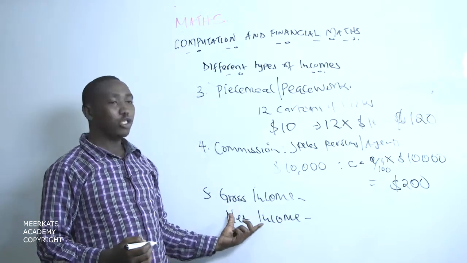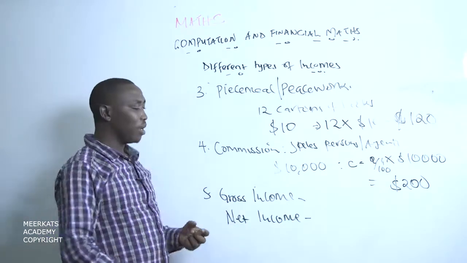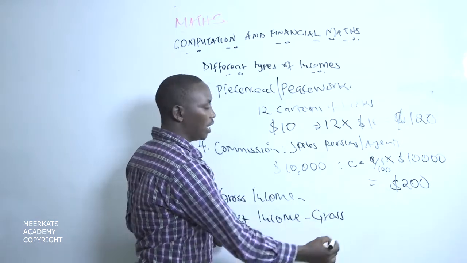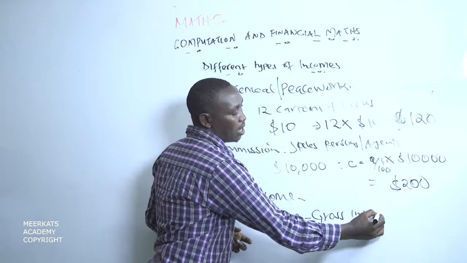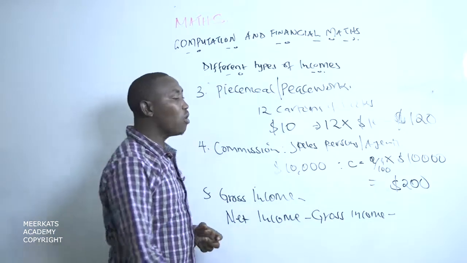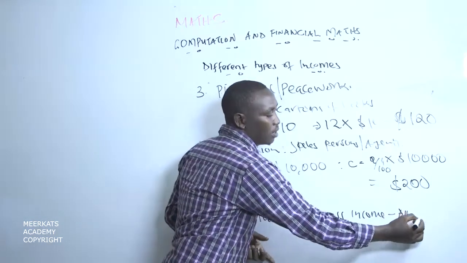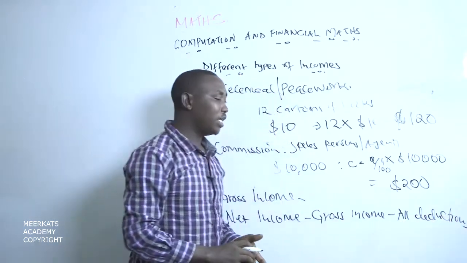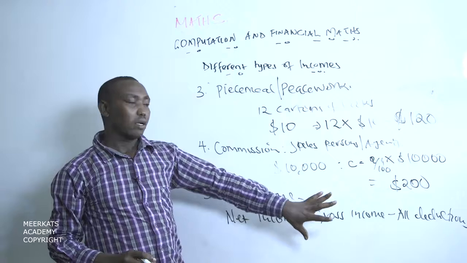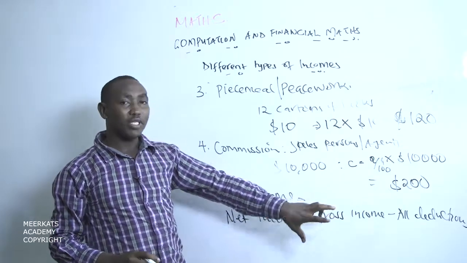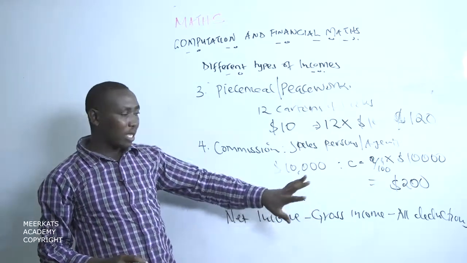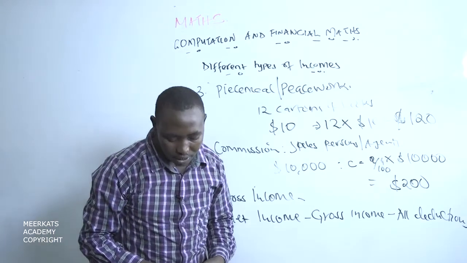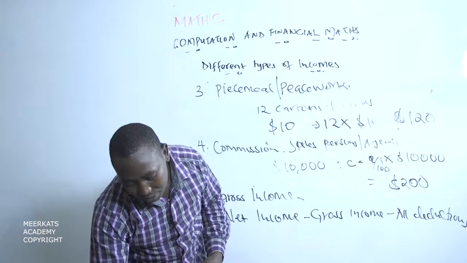That means for you to get the net income, you take your gross income and subtract all deductions. These deductions can be in the form of taxes and other expenses, such as medical bills and savings for retirement.